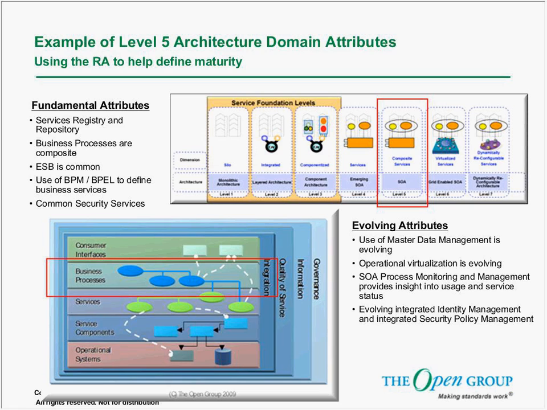We can define business process above and beyond simply the service components themselves. We probably are going to do this with some sort of enterprise service bus, and going to need an enterprise service bus for integration, transformation, routing, and all sorts of other services that are part of an enterprise service bus.